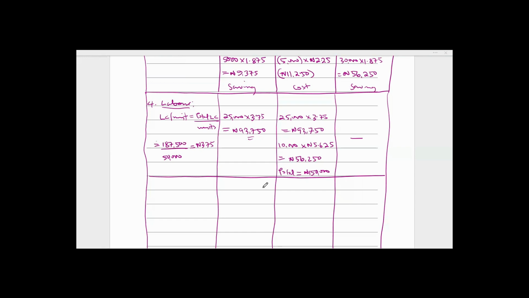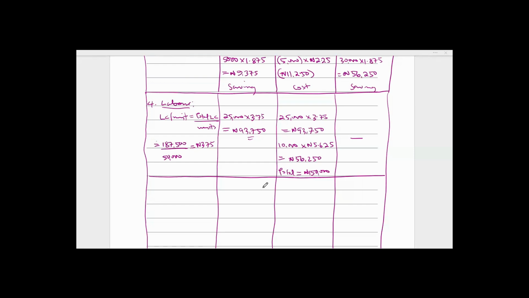What the examiner is now telling you is that out of this 150,000 naira, there is a depreciation included in the variable overhead. How much is the depreciation? We don't know, but we need to do the calculation based on the information given.